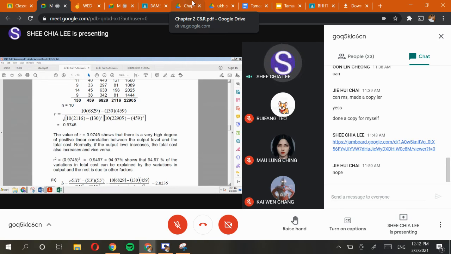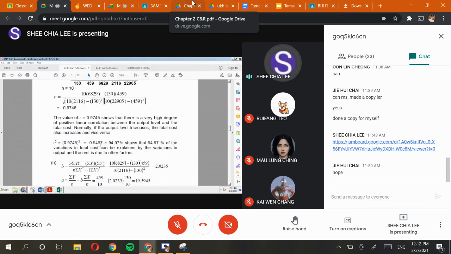This is for R. R squared equals 94.97%. This shows that 94.97% of the variation in total cost can be explained by the variation in output, and the rest is due to other factors.